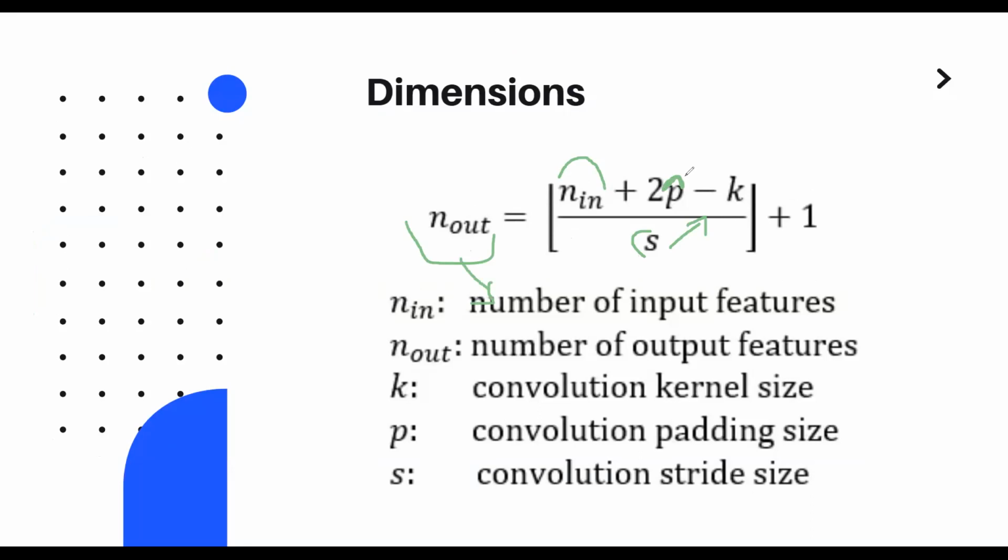And here we have the P, or the padding: the bigger the P, the bigger the output. Now K is the size of the filter. Remember that 3 by 3, it can be 7 by 7, it can be 8 by 8, 5 by 5, as you wish, right? So the bigger the K, the smaller the output.